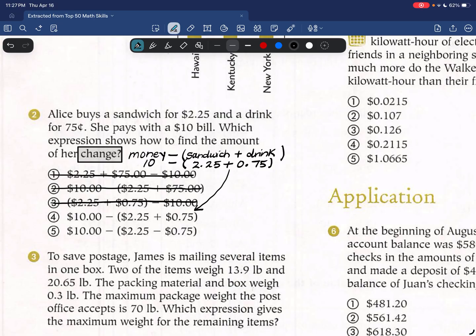Number 5 technically would work. Let me just run that through. I don't see a thing wrong with that, but I am sleepy, so let me just be sure. Yes. Technically, number 5 would work, but it's number 4 they want.